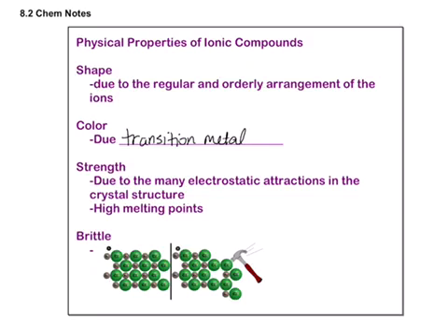The strength of an ionic compound is due to the positive and negative attractions in the crystal structure. This gives ionic compounds high melting points, and so that means that a lot of energy is required to break the bonds.